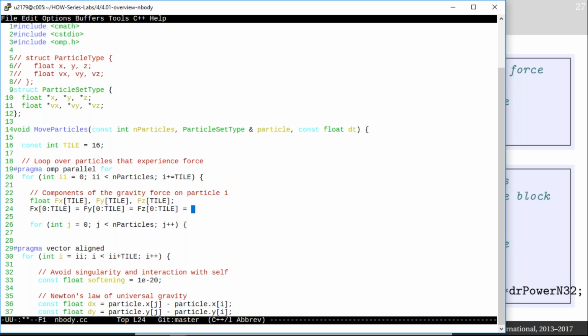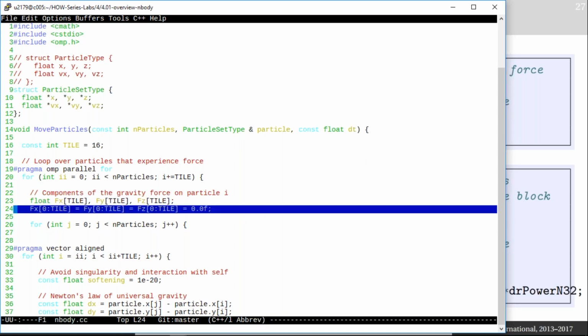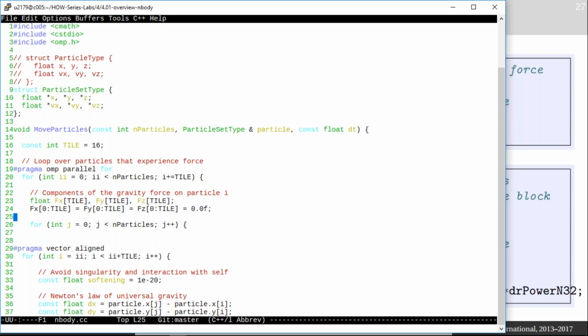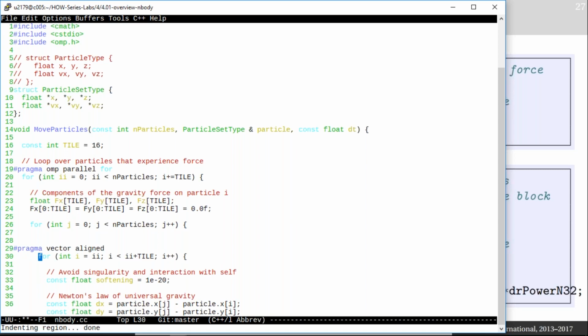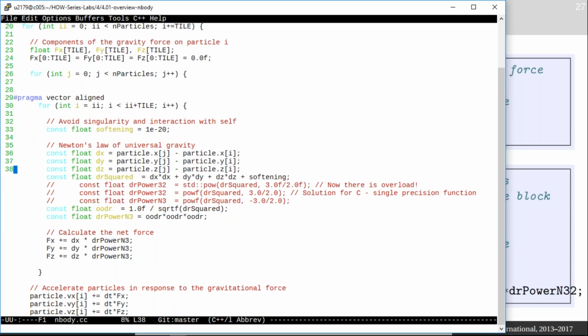Remember array notation from session 3. This is array notation, an extension to the C++ language, supported by Intel compilers. Now this is good. Okay, initialize this. Here I'm computing the force on particle I minus II.